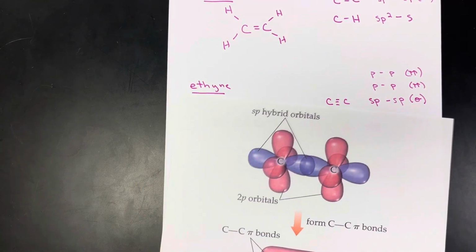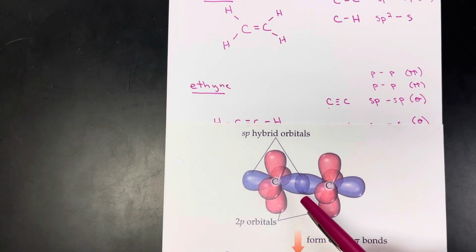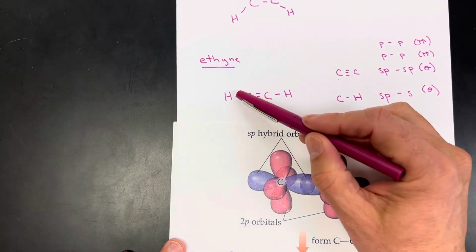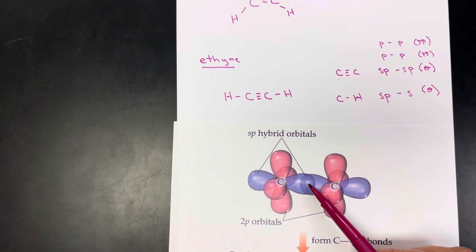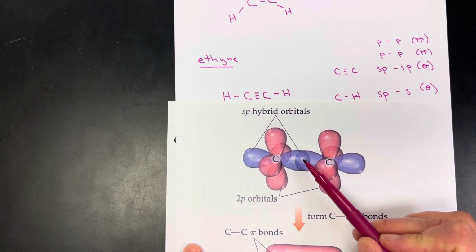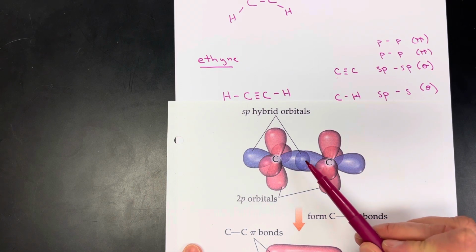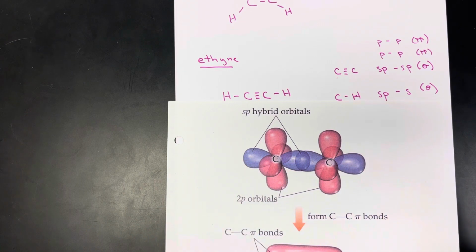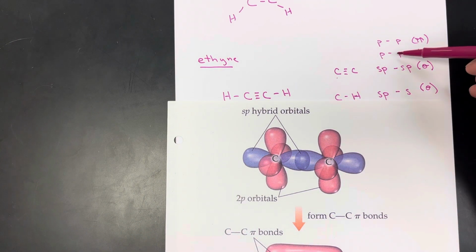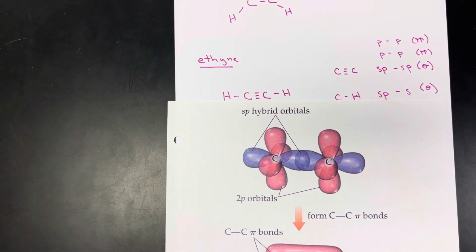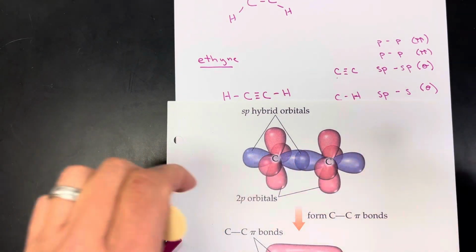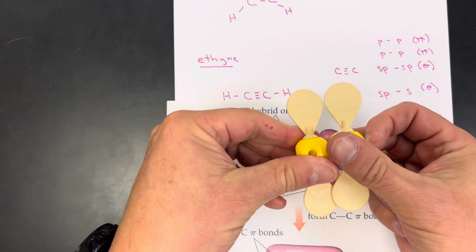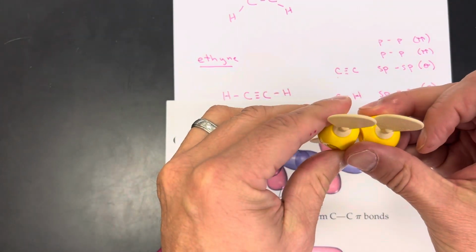So once again, the first bonds that are occurring here, because of the 2 domains, so 1 domain, 2 domains, okay, we're going to have sp hybrid orbitals. So right here, as you can see, these are the sp hybrid orbitals of each of the carbons that are overlapping, and that's a sigma bond on the internuclear axis. The other 2 are going to be perpendicular, okay? So the first bond is going to be here, but the second bond is going to be like this, and then the third bond is going to be like this, okay?